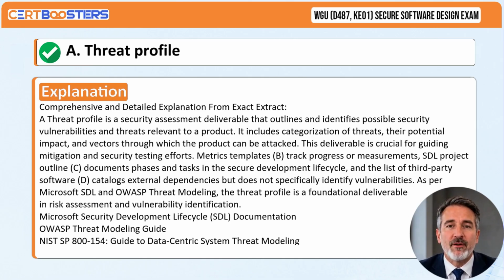As per Microsoft SDL and OWASP threat modeling, the threat profile is a foundational deliverable in risk assessment and vulnerability identification. References: Microsoft Security Development Lifecycle, SDL documentation; OWASP Threat Modeling Guide; NIST SP 800-154, Guide to Data-Centric System Threat Modeling.